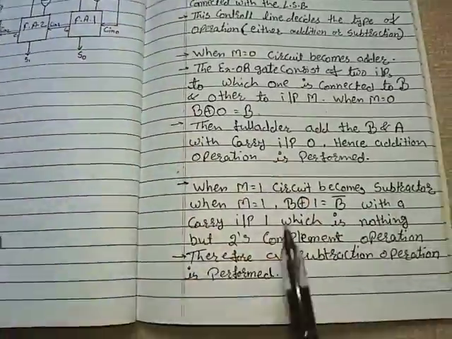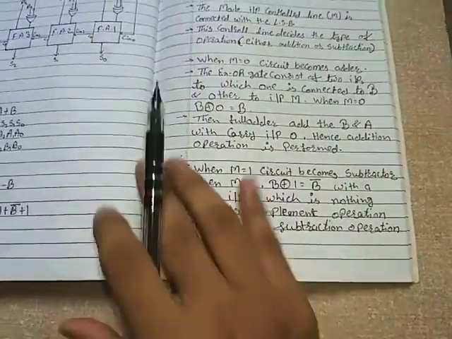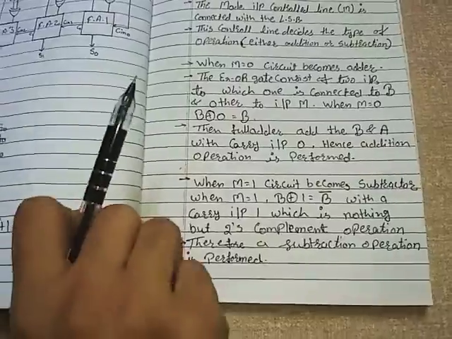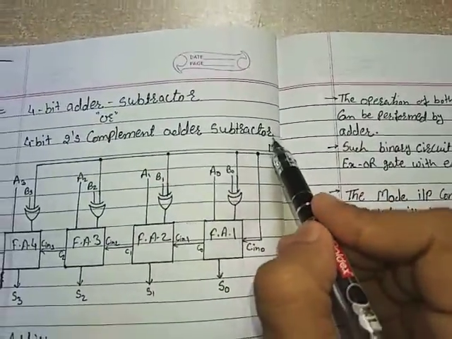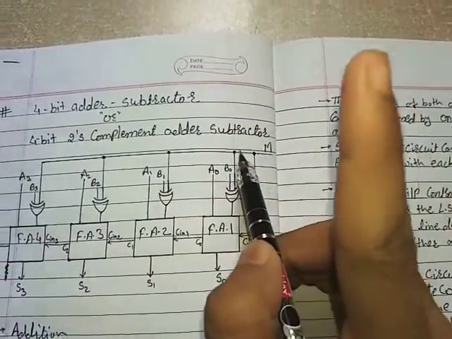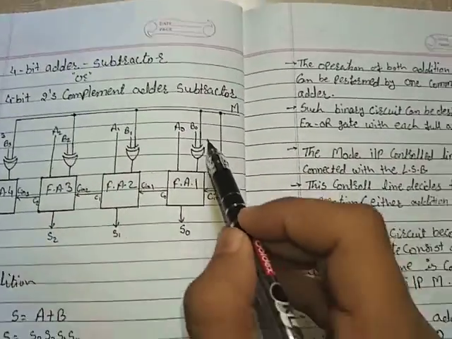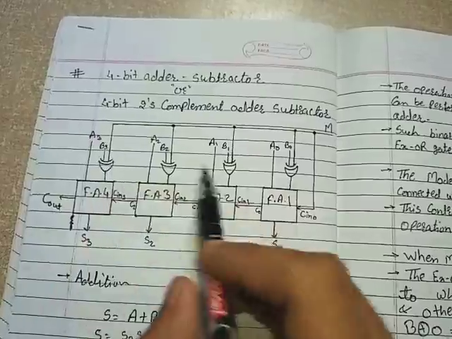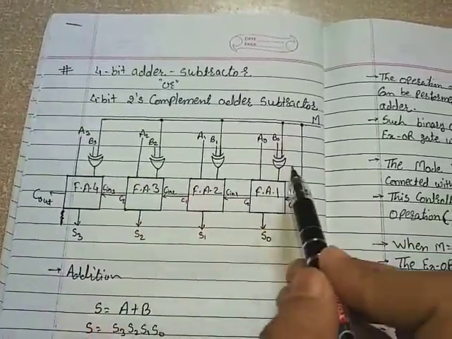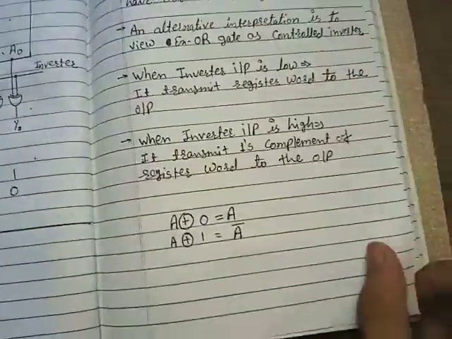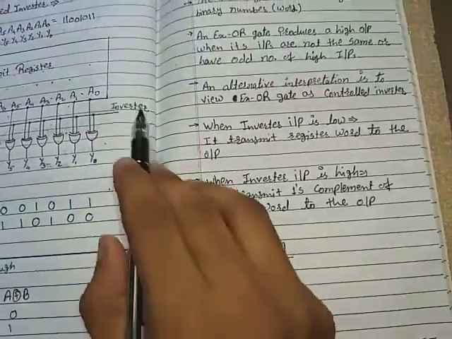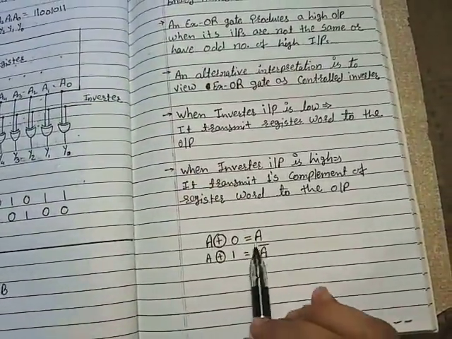Now when M is equal to 1, the circuit becomes a subtractor. Look at this. When M is equal to 1, Cin 0 will also be 1, and now for B0, B1, B2, B3, the output of all these XOR gates will be the 1's complement. Just now we saw that when the inverter input is high, the output will be A bar.